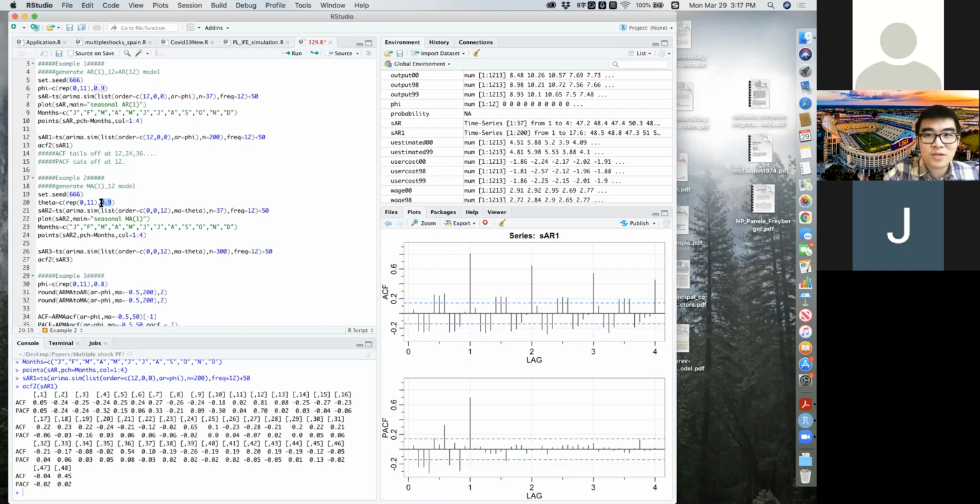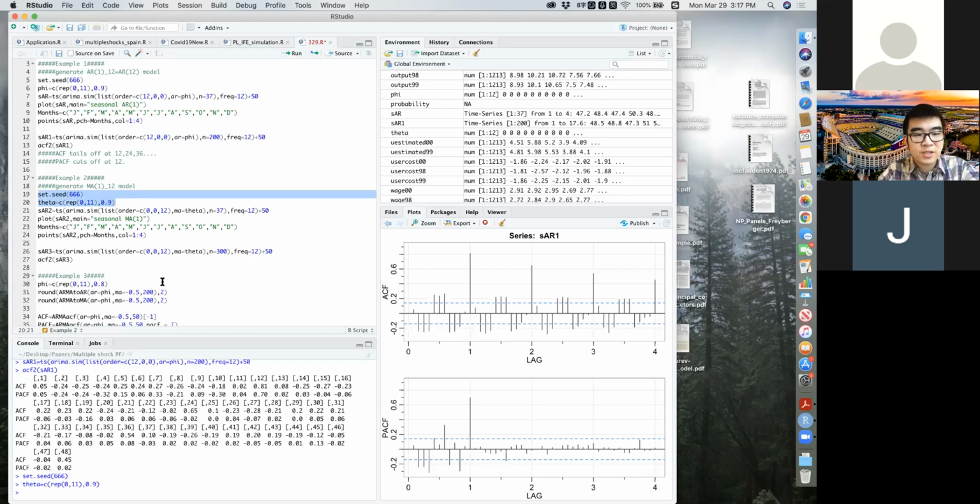In this simulation, I set it equal to 0.9. So we first specify the coefficients of this MA112 model.